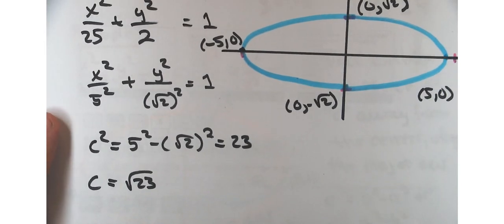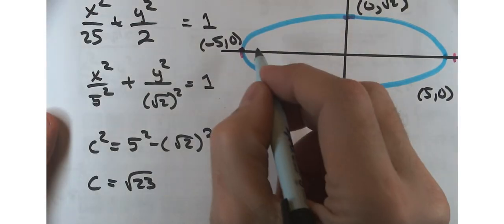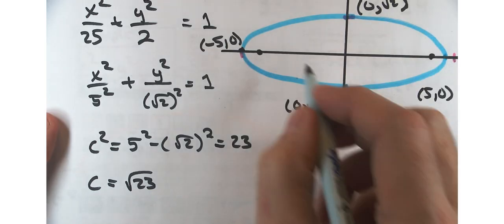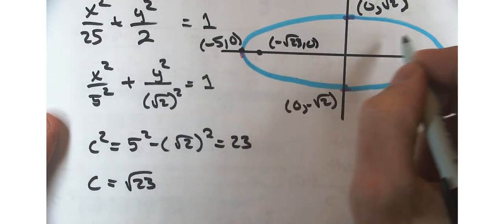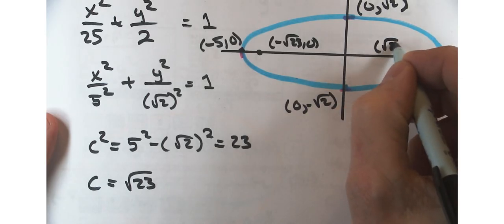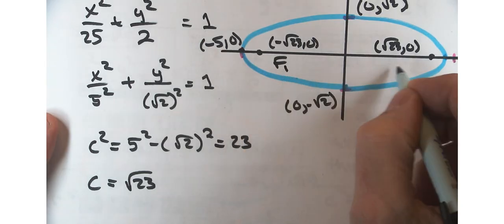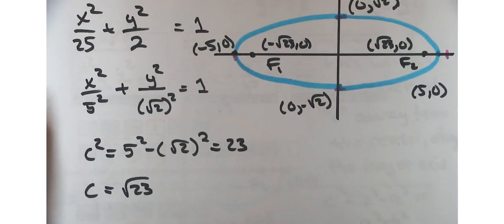Square root of 23 is going to be a little bit less than 5. It's actually probably closer to this than I'm drawing. So I'll have (-√23, 0) and (√23, 0) for my foci. And that's pretty much it. Pretty much all I could ask for in that kind of a problem.